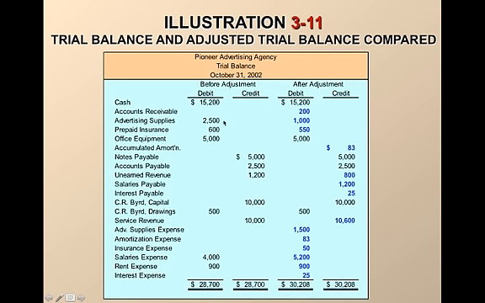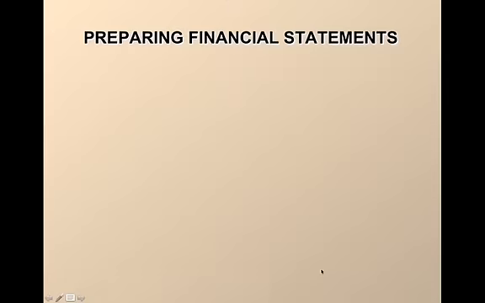After you've counted your supplies, it looks like you used 1,500 up and now there's 1,000 left, and so on and so forth. So here's your adjusted trial balance. Basically, an adjusted trial balance is a trial balance, which is all of your accounts listed in ledger order, showing the debits and credits for the period and the totals, and it proves the equality of the ledger, shows that the accounting fundamental equation still is in balance.